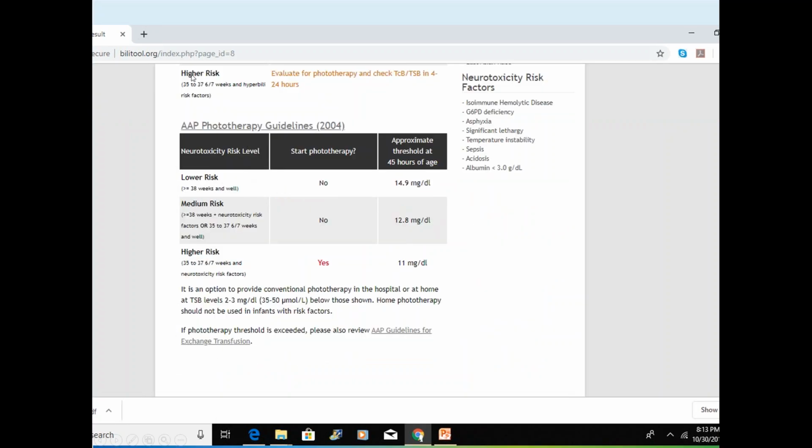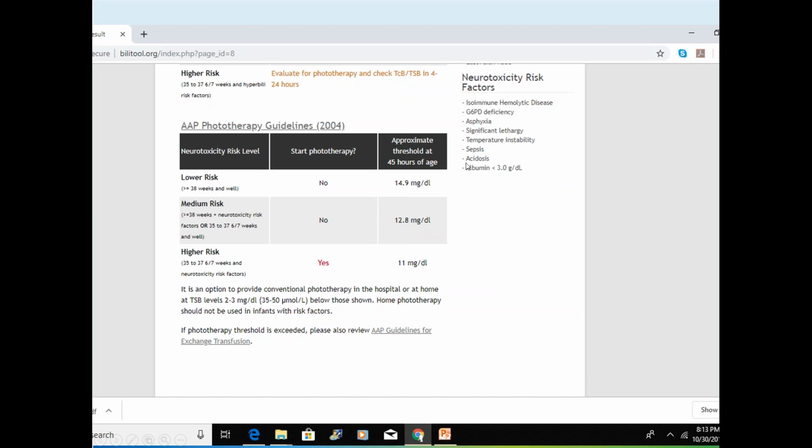Moving on to the next part of the BiliTool readings, it gives us the phototherapy recommendation, and here we also have the neurotoxicity risk factors to the side, which will guide us. So basically anything that increases the free bilirubin in the blood or affects the blood-brain barrier. So you have isoimmune hemolytic disease, G6PD deficiency, birth asphyxia, significant lethargy, temperature instability, sepsis, acidosis, and low serum albumin.